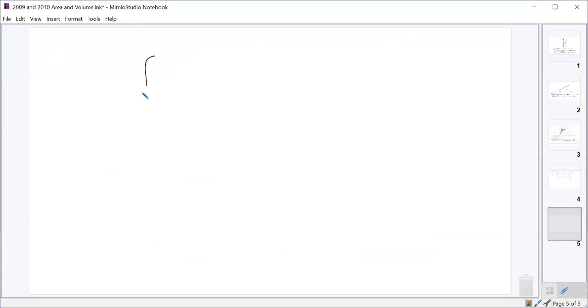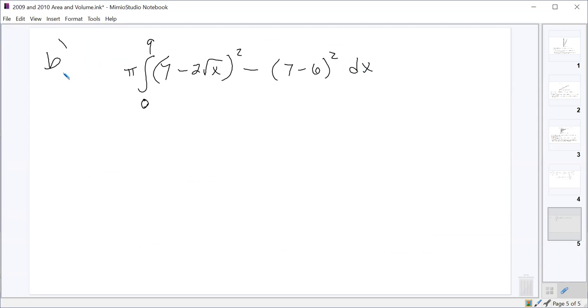So we should have pi times an integral from 0 to 9 of (7 minus 2 root x) squared minus (7 minus 6) squared dx.